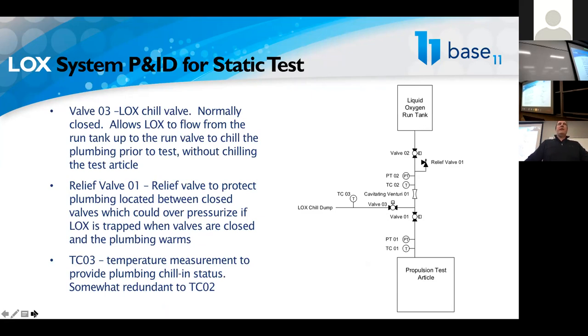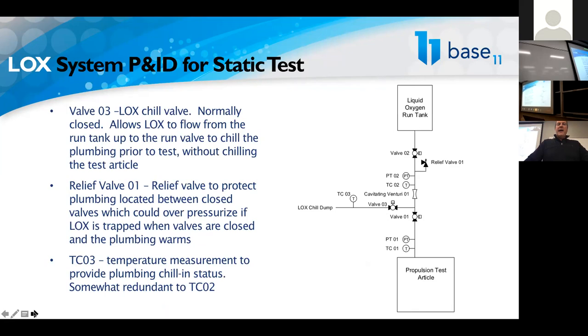Something is going to fail. And so we have to deal with that in the design. So any place we could trap a cryogen in a system, we have to have a means of letting the pressure relieve. And so thus we added relief valve 1.